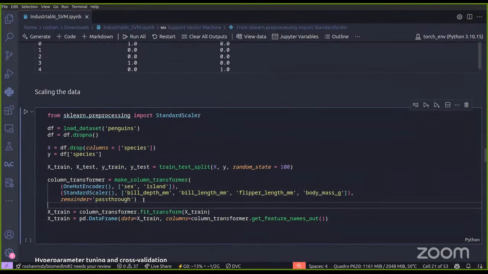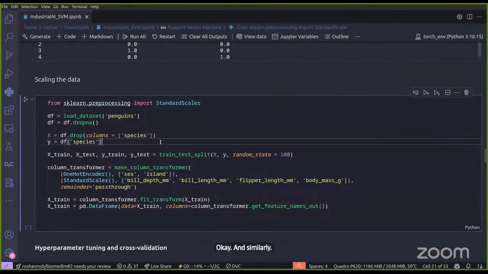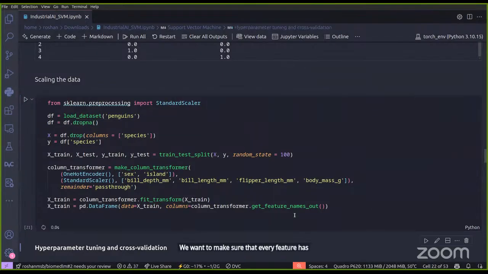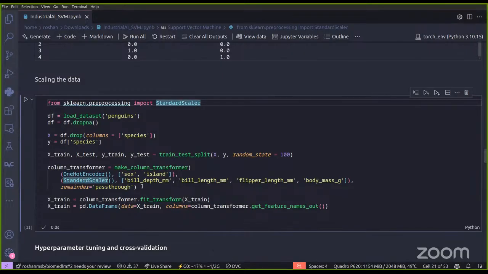Okay. And similarly, I talked about scaling also. Each feature has a different range. In that case, you want to make sure that every feature has the same range. That is what this standard scaler class does.